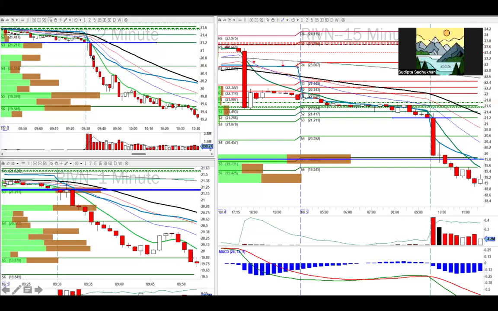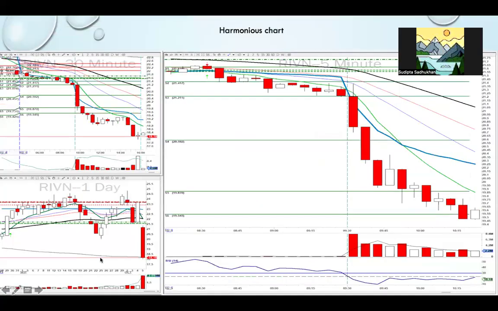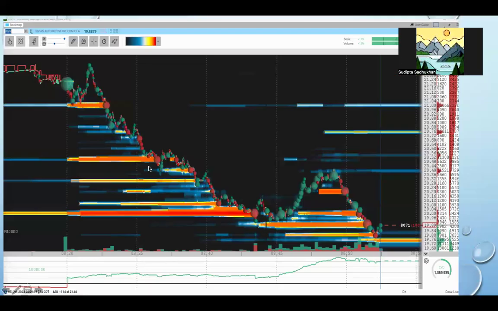I'm defining the short criteria based on these moving averages and gapping down. But how do I ensure that large market participants are also in line with my expectations, or that I am in line with their movement? We can see that from here.